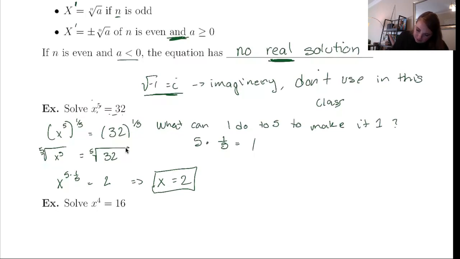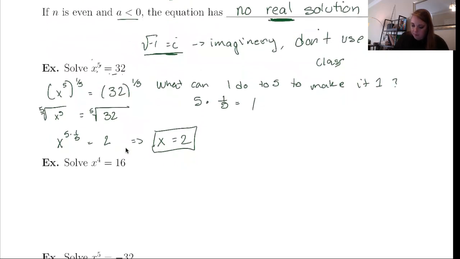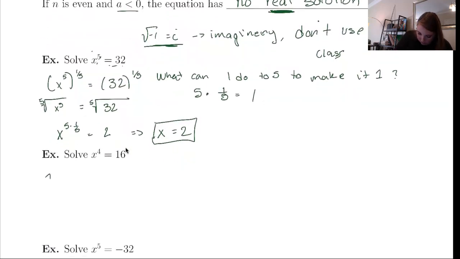Beautiful, right? What about x to the 4th equaling 16? So I would do the 4th root of x to the 4th, and the 4th root of 16. 4 is an even number. So x would equal not just 2, but plus or minus 2.